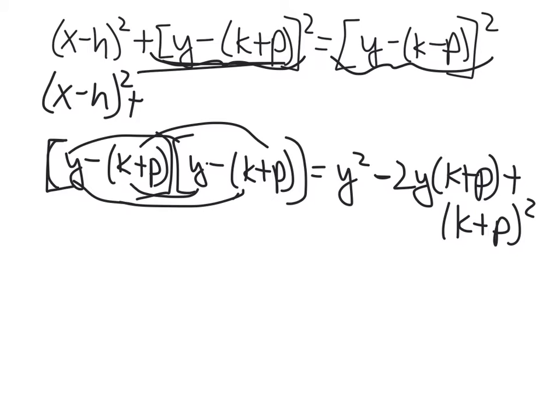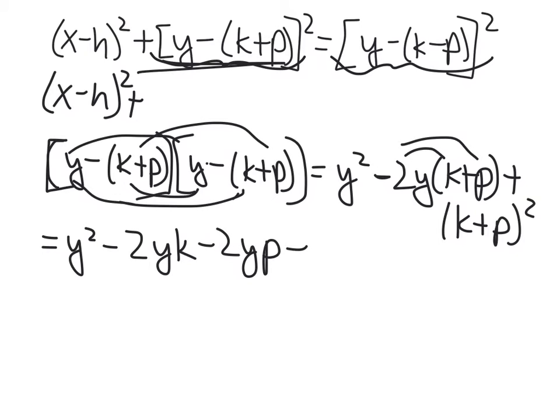So simplifying all of that, y squared minus, now let's multiply the negative 2y through the parentheses. So minus 2yk minus 2yp, and let's multiply k plus p quantity squared out: k squared plus 2kp plus p squared.